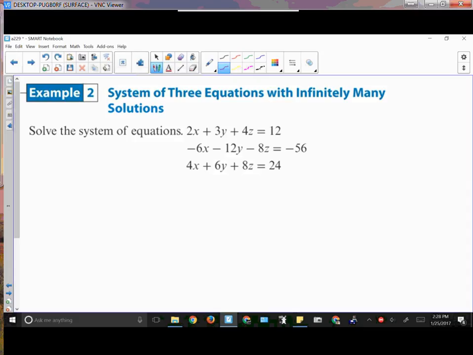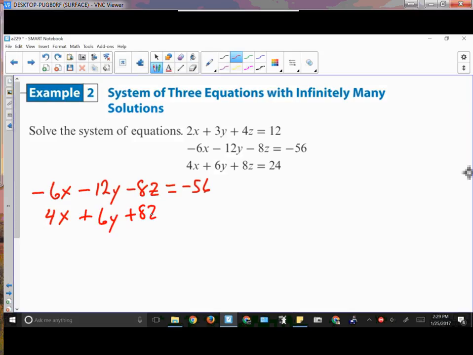So, here we go. I am going to take that middle equation, and the third equation. So I'll do negative 6x minus 12y minus 8z is equal to negative 56. And I will take 4x plus 6y plus 8z is equal to 24.